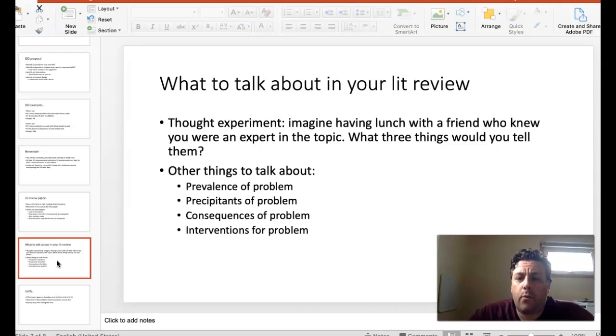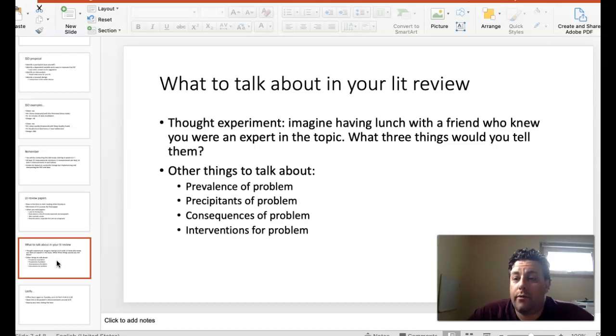To start to think about how to structure a lit review, though, I usually propose a thought experiment. And the thought experiment is very simple. Imagine that you're having lunch with a friend who knew you were an expert in that topic. They ask you what the topic is all about, and you decide to tell them three things.